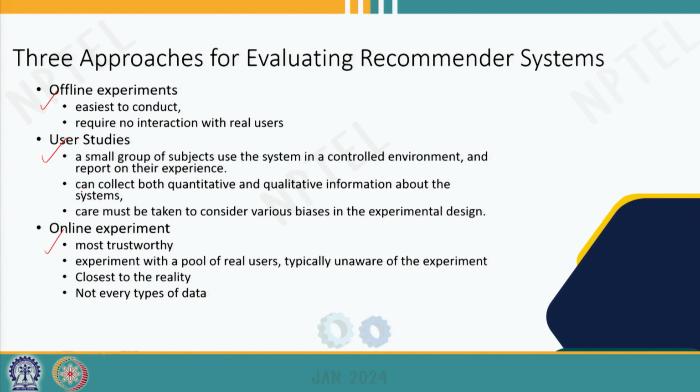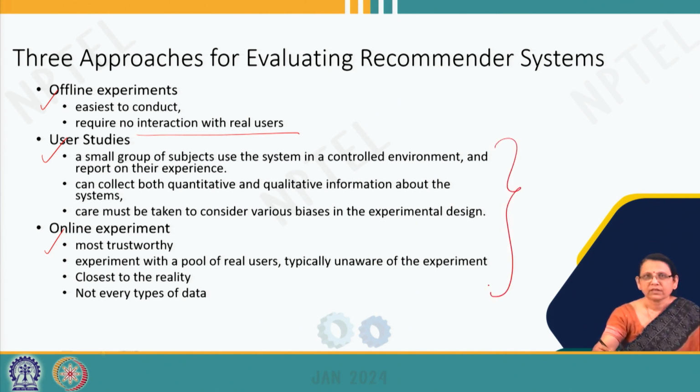In case of an offline experiment, you have some historical data, data which is already collected, and on that you try conducting various experiments. There is no interaction with the real user, whereas in both the other studies you need a real user.